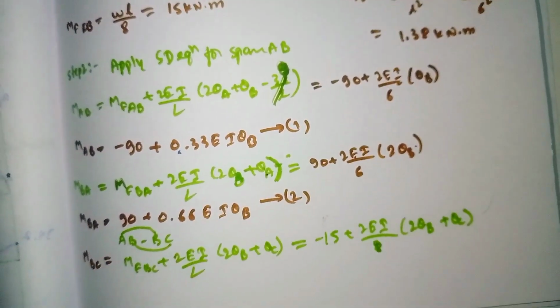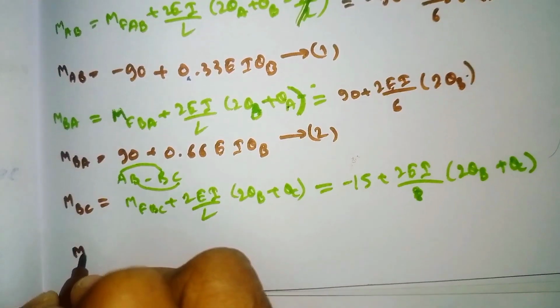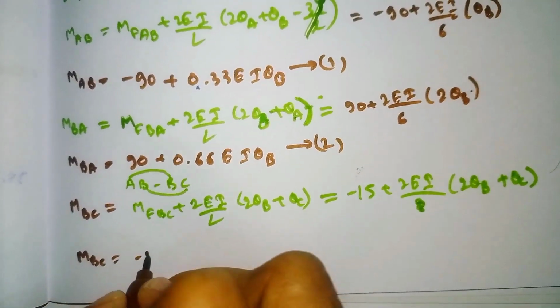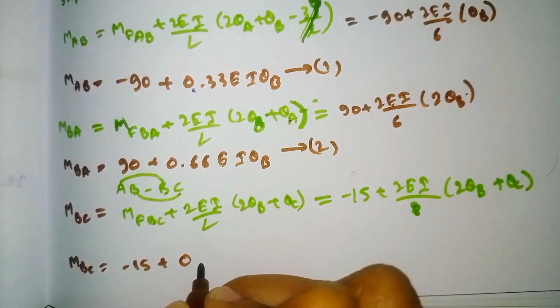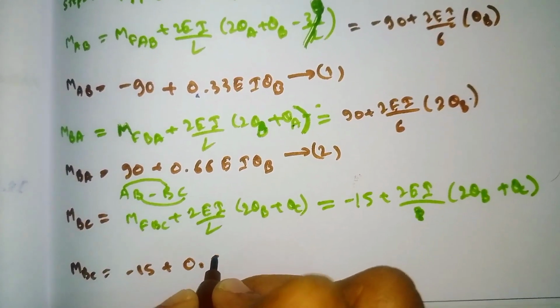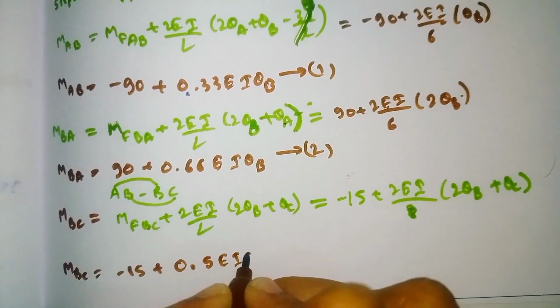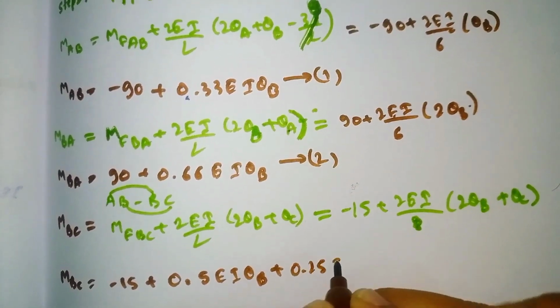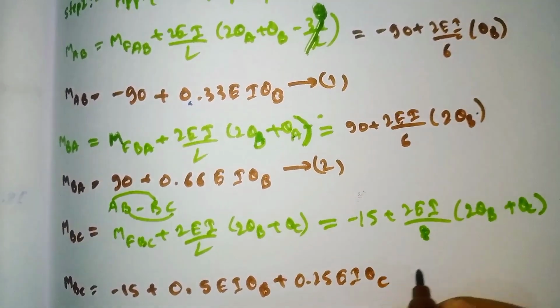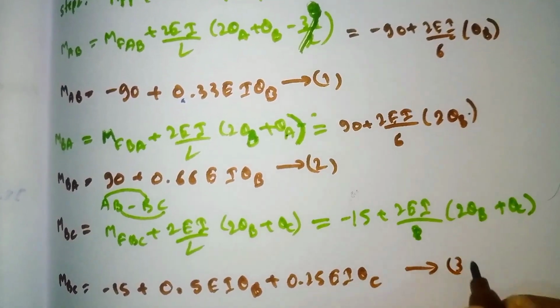So now simplify this. MBC will come out as minus 15 plus 0.5 EI theta B plus 0.25 EI theta C. So call it equation number 3.